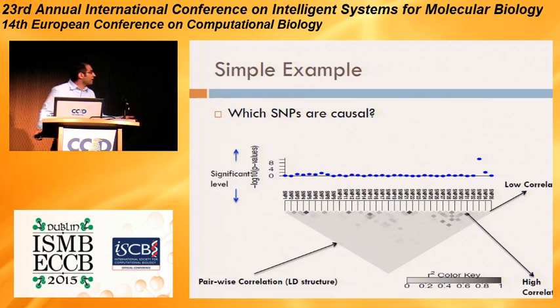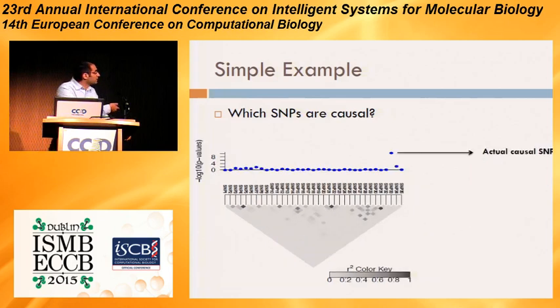If I ask which variant is causal, you can use your intuition, and most probably you will pick the most significant SNP to be causal. And in this case, your intuition worked fine, because the LD was very simple, and you can see the difference between the z-scores, or the significance level, is high, so most probably this was the true causal. And how do we know it? Because we simulated this data, so we know the truth.